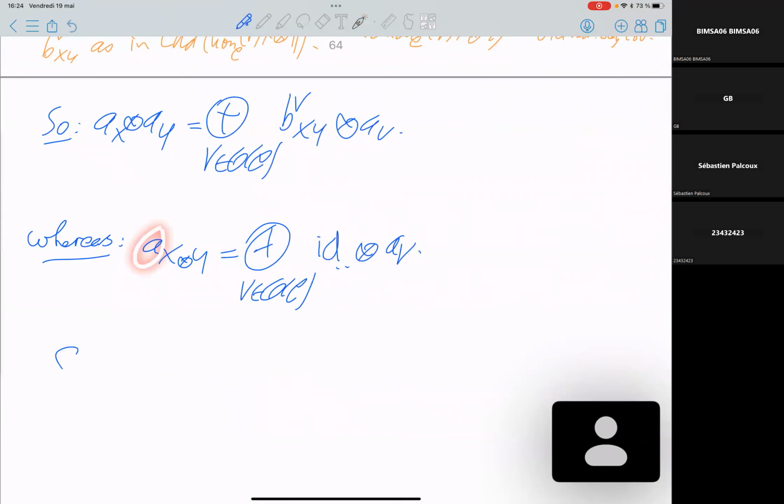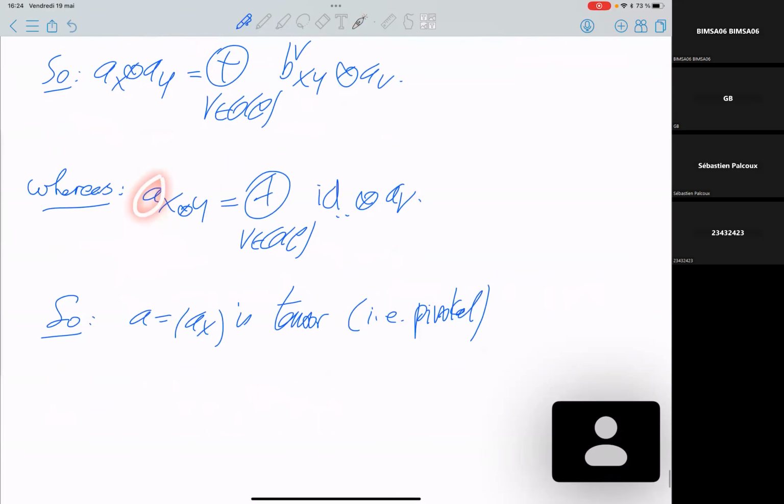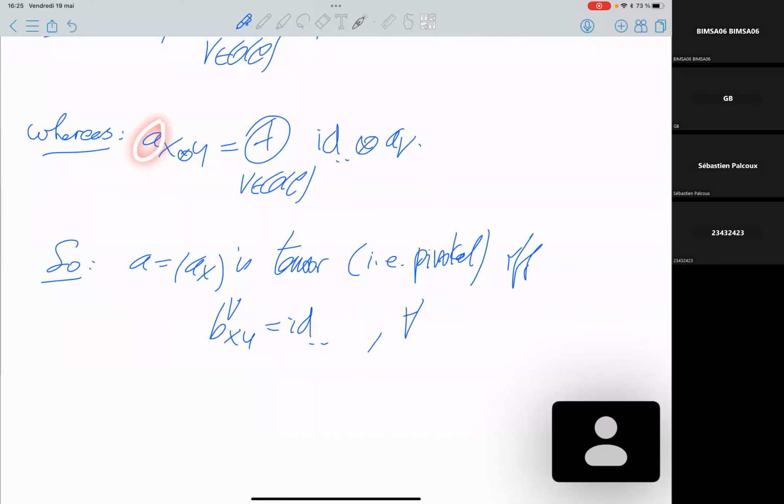So a equal a_X is tensor, which means pivotal, in other words, if and only if B_{X,Y,V} equals the identity of the space for all X, Y, V simple objects.